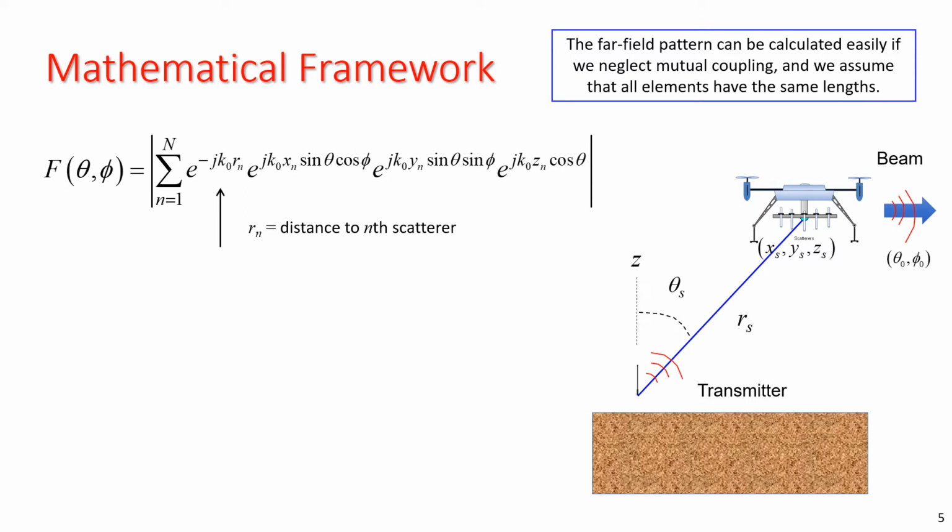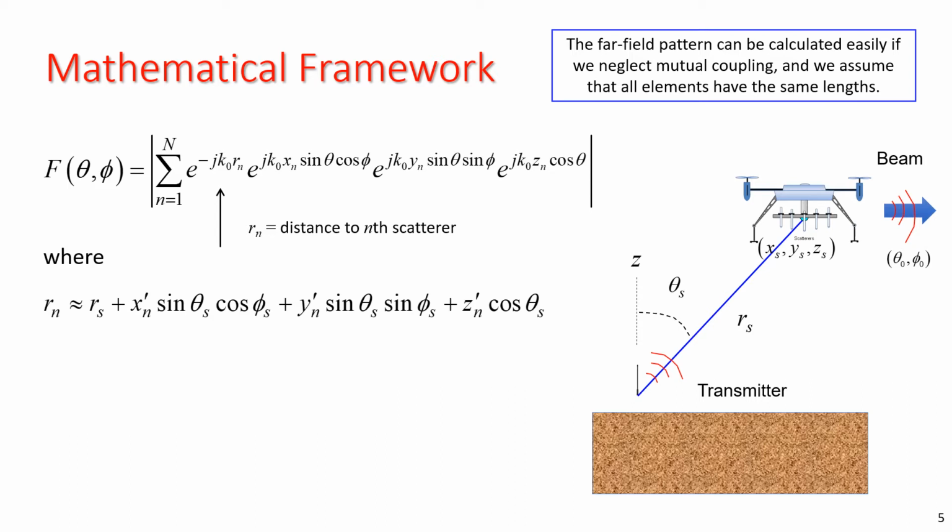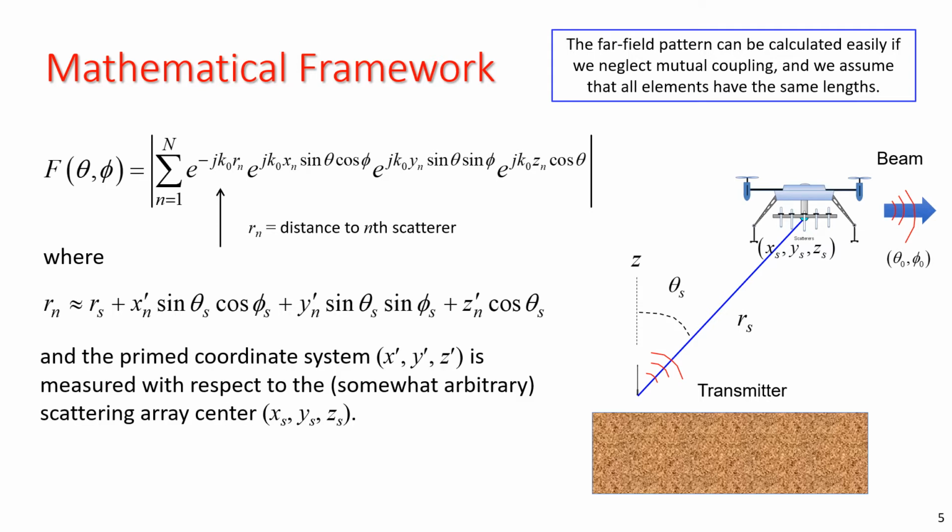If the drone is far enough away from the ground-based transceiver, this far-field approximation may be used for r_n, given in terms of the distance from the ground-based transceiver to the chosen center of the array. Throughout the talk, we shall use prime coordinates to denote the locations of the center of the nth scatterer relative to the chosen center of the array.